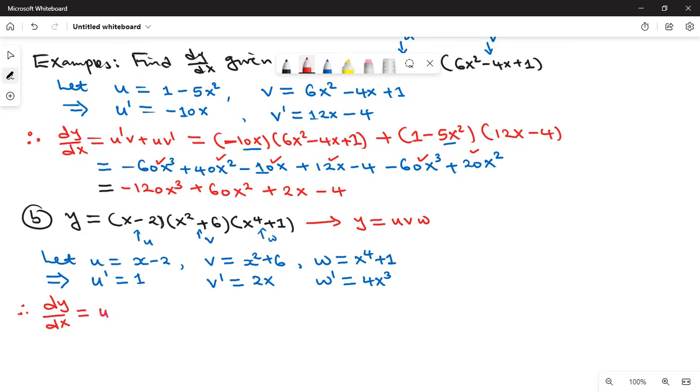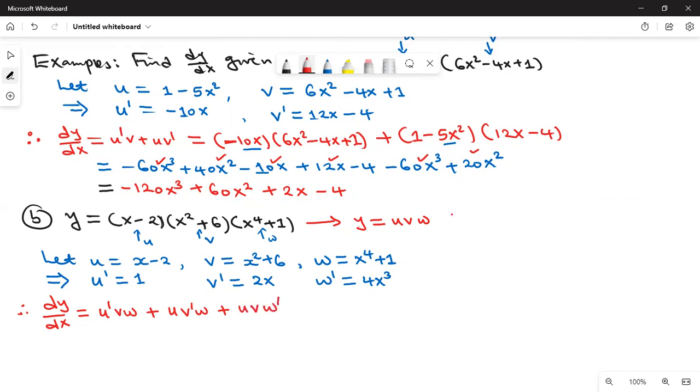So we'll have u prime, while keeping v and w constant, plus now differentiate the second function, keeping the remaining constant. So u is a constant, we now differentiate v, and w is constant, plus now differentiate the third function while keeping the first two constants. So u constant, v constant, but now we differentiate w.